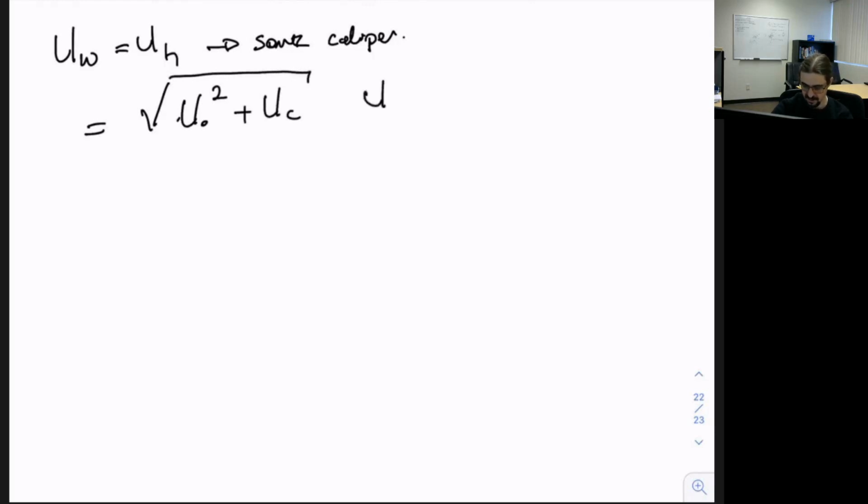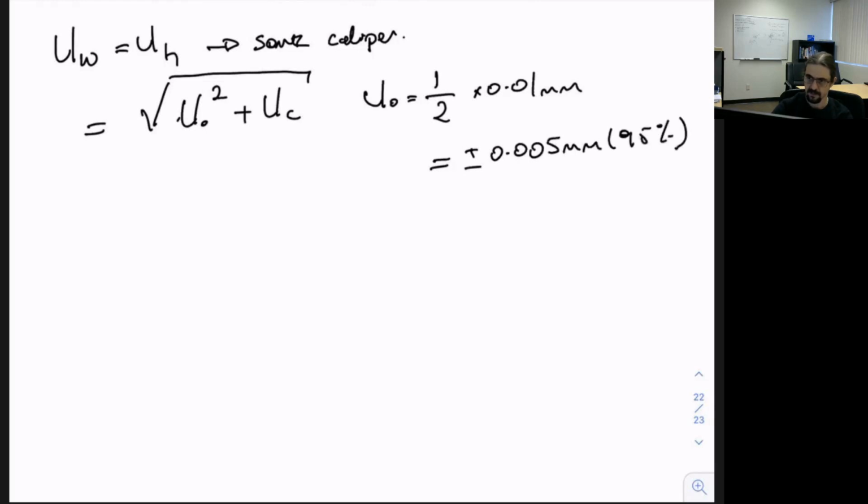U0 is basically half of your resolution, which was given as 0.01 millimeters, so that will be 1/2 times 0.01 millimeters, and that's defined as plus minus 0.005 millimeters at 95 percentile. Okay, so then my UC in the instrument error is the combination of the accuracy and repeatability, right?